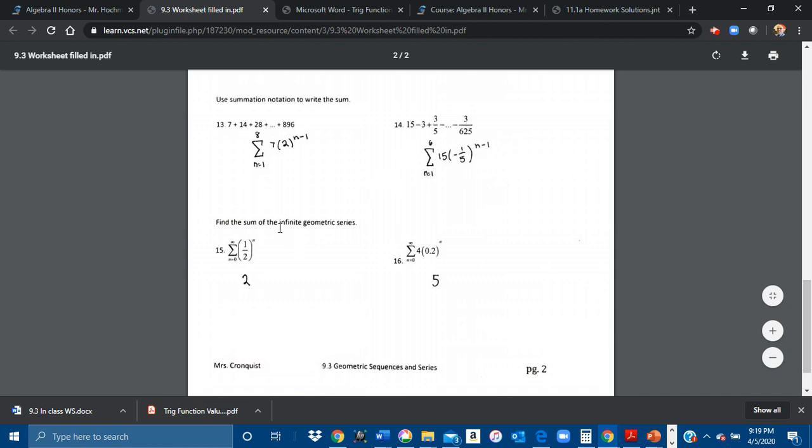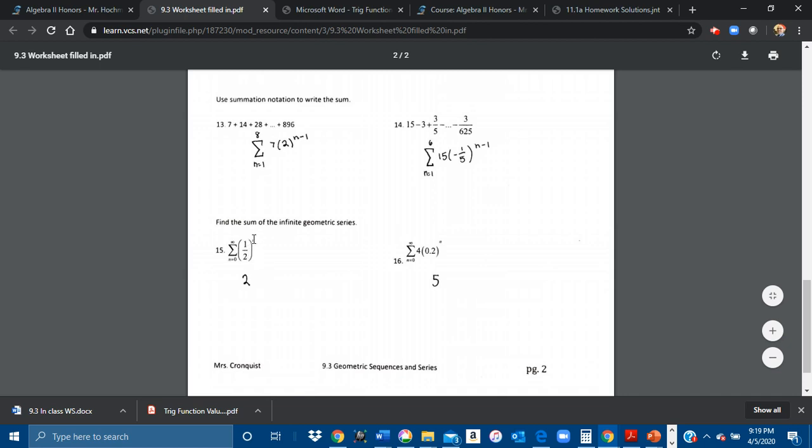But here, I want to find the infinite sum from 0 to infinity of 1/2 to the nth power. Again, to do this on my calculator, instead of infinity, I'll put a large number like 100. I've got to put all this inside the set of parentheses that the calculator gives you.